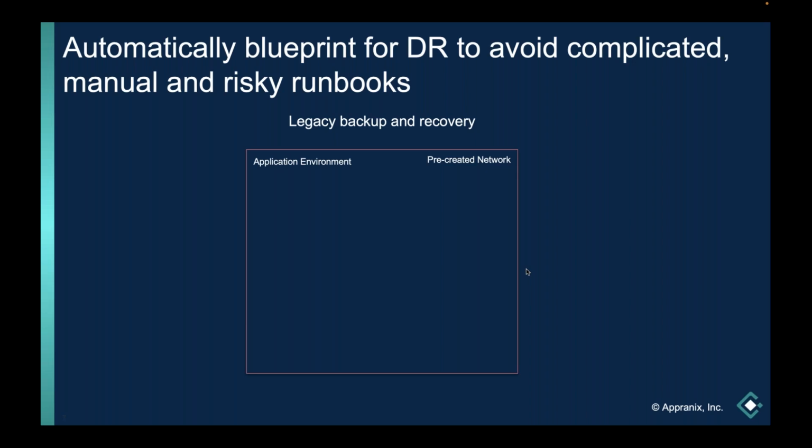So assuming that you have cloned, assuming that you have put together some kind of application environment, meaning that you have to know what sizes of the VMs are running in your production environment, what the configurations are, and how they talk to each other, right? Because blueprint means that you might have some kind of manual blueprinting chart, or Visio diagrams that you might have created, right?